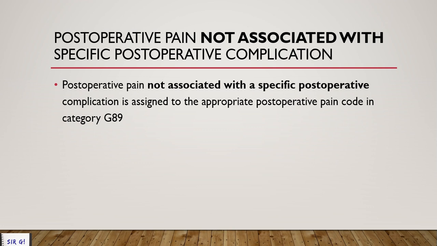For example, if there's a pain and that pain is not associated with the surgery, not associated as a post-op complication, we can use the specific code for G89. So you can check your category G89. That is, if the post-op pain is not a complication of the surgery, we need to code G89.